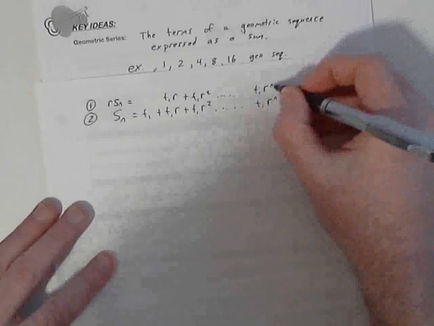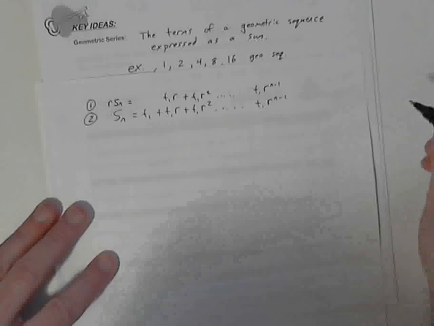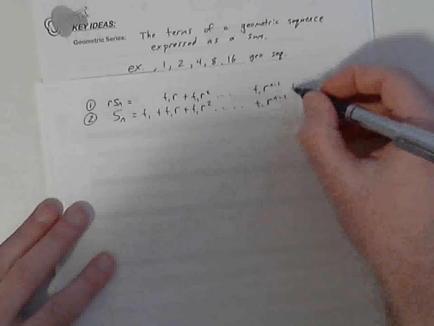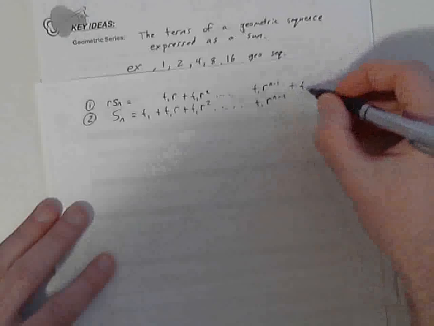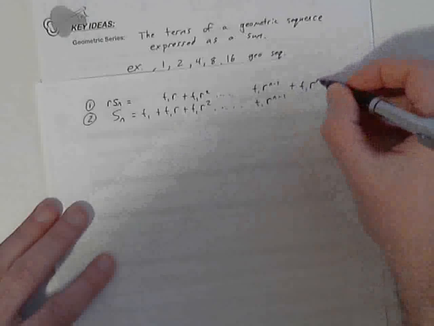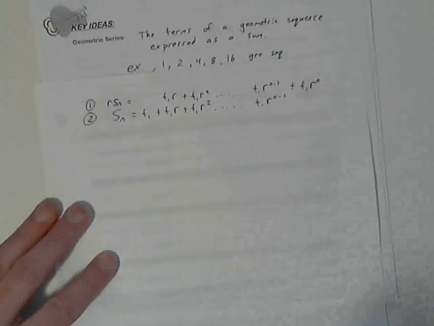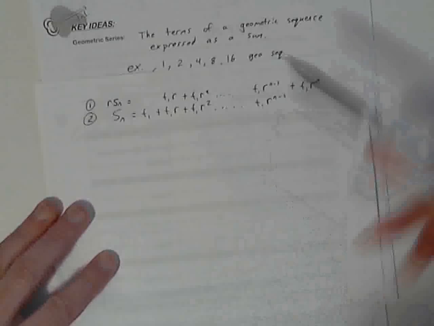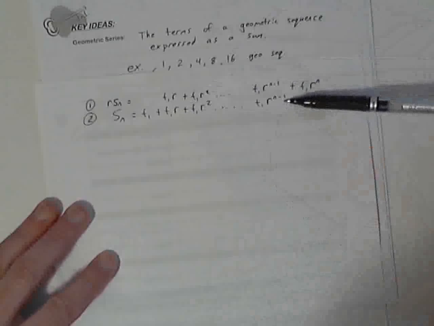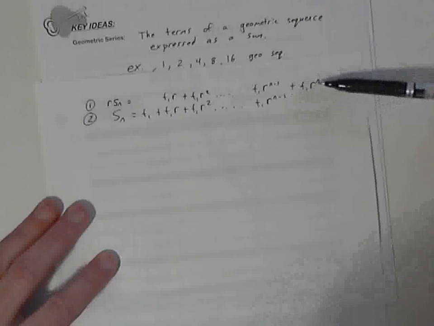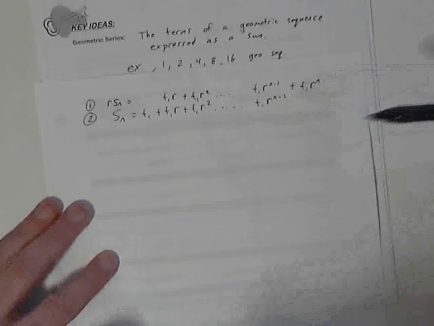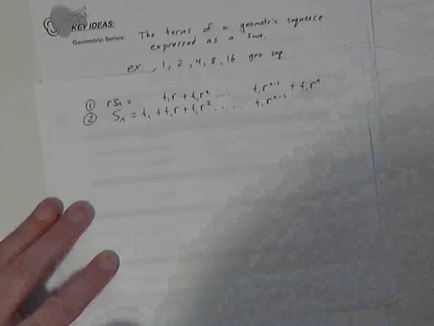And it's actually going to go one further. So we're going to add T1 times r to the n as our final term. So now we've got two equations and both are true. This is the sum of a geometric series, and this is the sum of a geometric series times r, everything r times bigger. So that's allowed, and now we're going to do something like elimination.